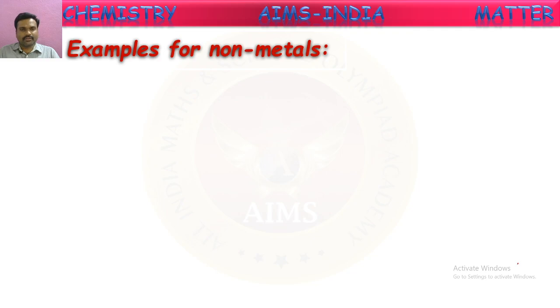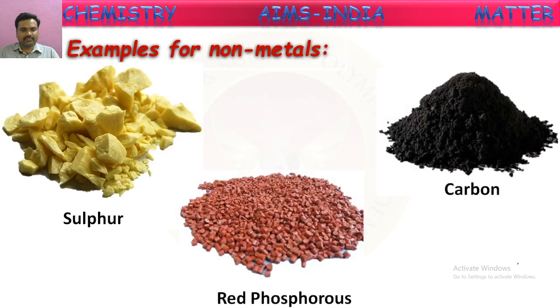Examples of non-metals we can see here: sulfur, red phosphorus, carbon. These are soft solids, and they are brittle also. Here they look like hard stones, but when this piece of sulfur falls on the floor, it breaks easily into small pieces; that is brittle in nature.